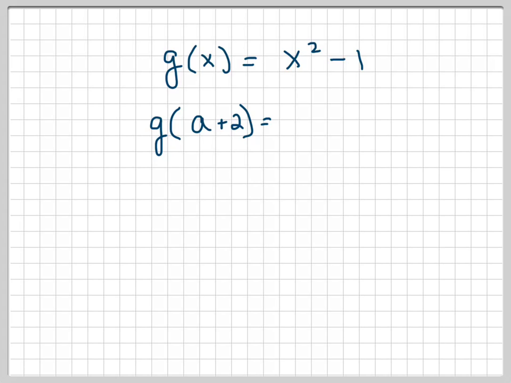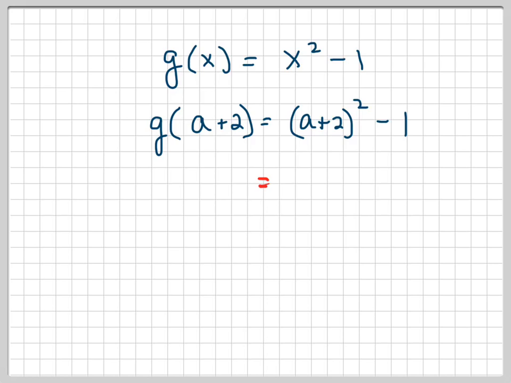And then our last example, I'll do this one a little bit differently. Maybe I've got g of x equals x squared minus 1. And let's say I want g of a plus 2. So I replace the x with a plus 2. Then it says square whatever you plugged in and subtract 1. Then we always want to clean this up if we can.